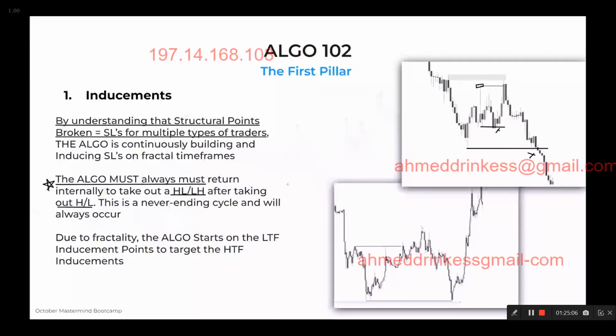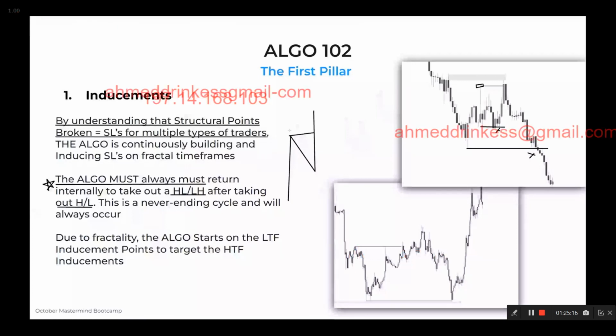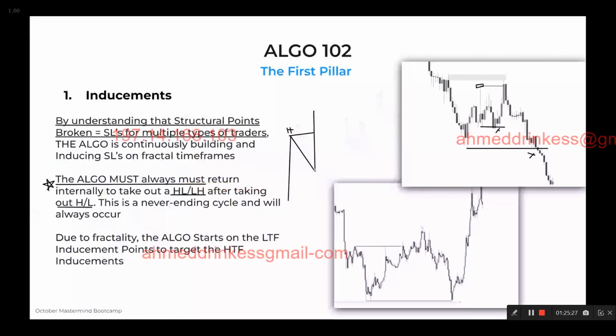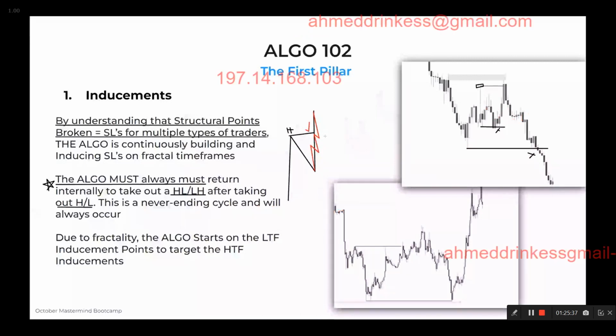So what I mean by this, if you see this happen and you see a high taken out, you need to know immediately that within this current range, fractally speaking, as soon as this high is taken, we have stop losses rated, right?